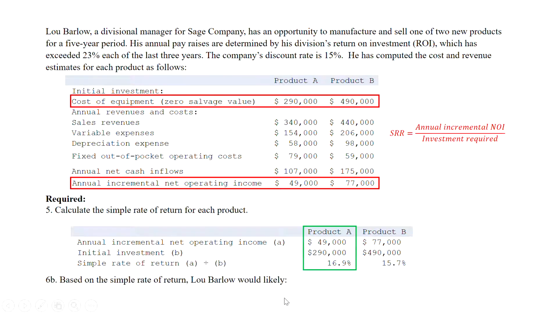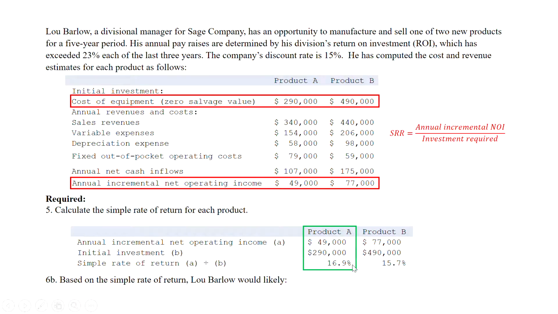Now I'm going to go slightly out of order and go to 6B, which says based on the simple rate of return, Lou would likely. Well, let's go back here. Lou's raises are based upon Lou's ROI, which currently his rate of return is 23%. Unfortunately, because both products are returning less than the 23%, he would probably say, sorry, I don't want to do this because I would lower my ROI and my overall raises would end up being lowered.